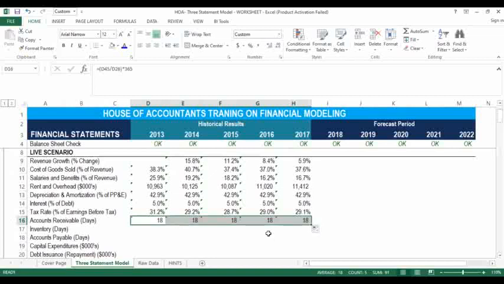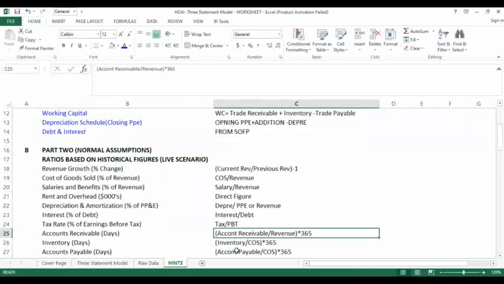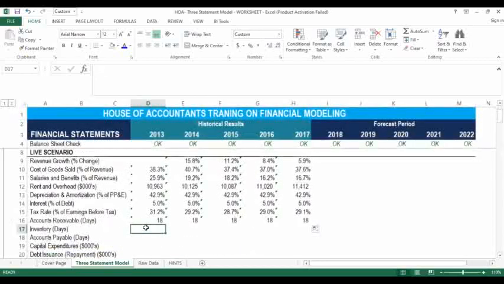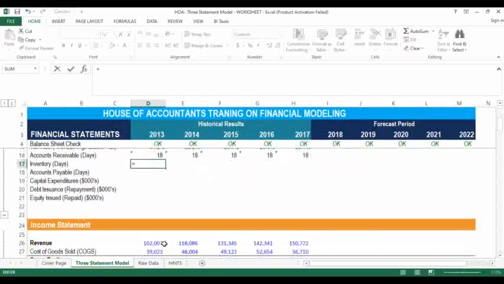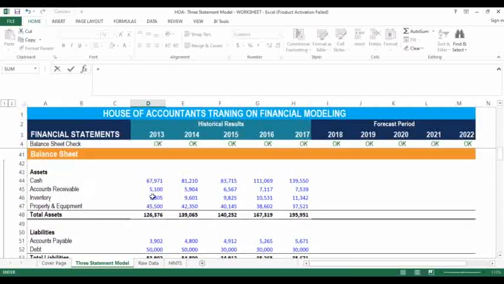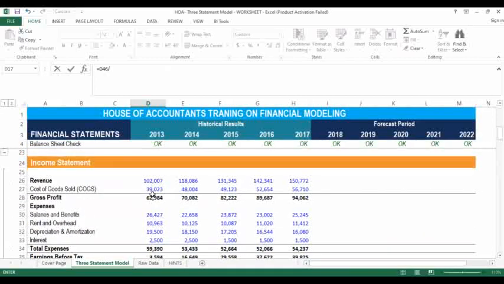Then we go to inventory days. How do we calculate inventory days? Inventory days is inventory over cost of sales. So I'll just come here, inventory over cost of sales.